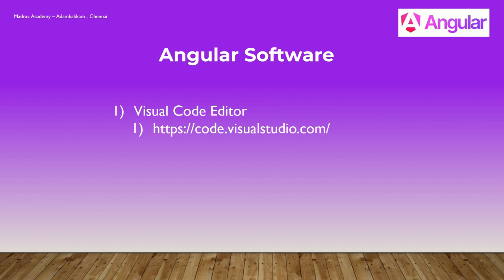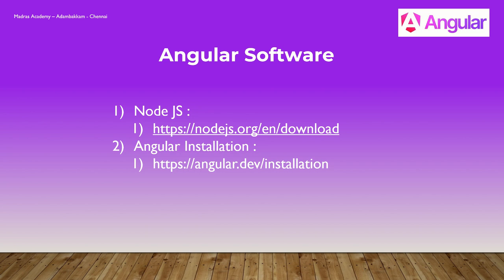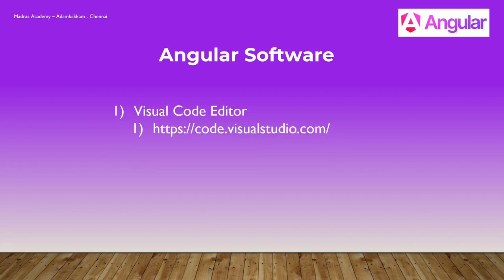And in this Visual Studio Code editor only I'm going to open our project. Okay, so this is an IDE, and after creating the project, how to open that project in Visual Studio Code, and everything we'll see that. So first you have to get ready with your Node.js as well as your Visual Studio Code editor. Only these two software we need right now.